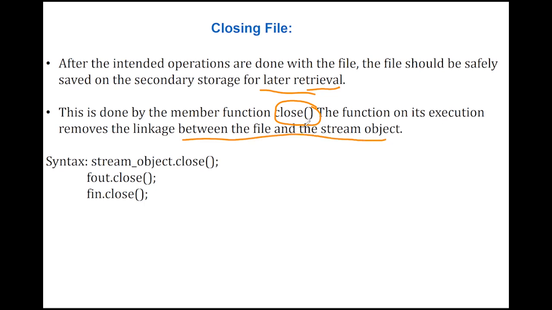So this will cut the linkage between the stream and object and it will store it in the secondary device. So this is nothing but stream object dot close. Whatever objects we have created for opening, the same objects we can use, but instead of the open member function, here we are using the close member function. So whatever files have been used using these objects will get automatically closed when we use this command.